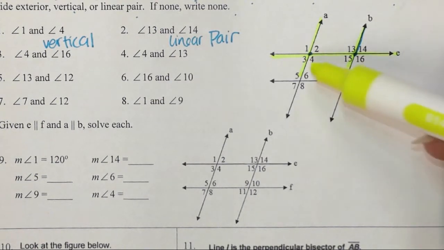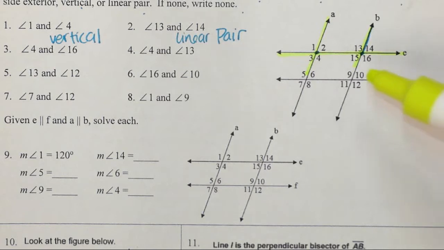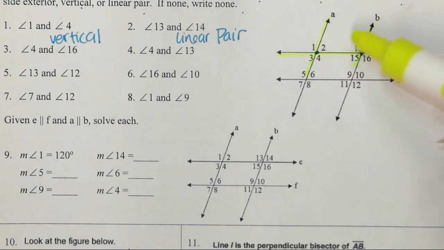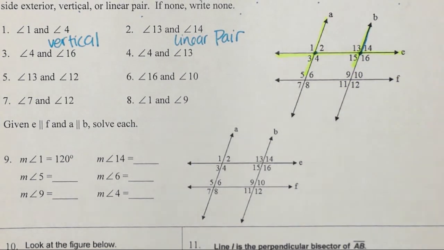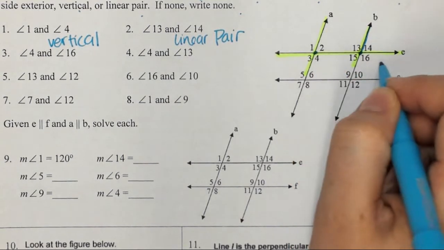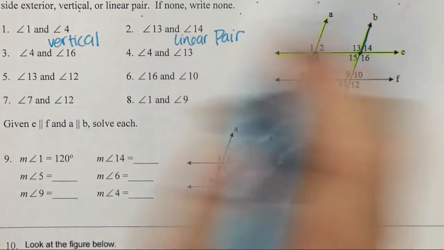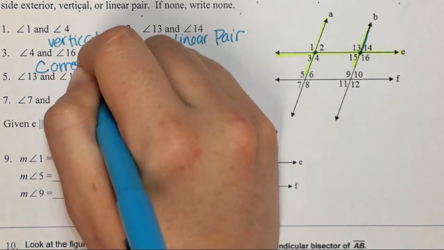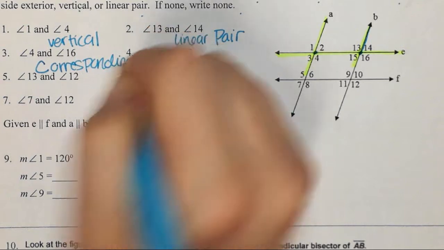So 4 and 16 are on the same side of the transversal. 4 is on the interior because it's in between the parallel lines, and 16 is on the exterior. If that's the case, where one is interior and one is exterior and they're same side, those are corresponding.